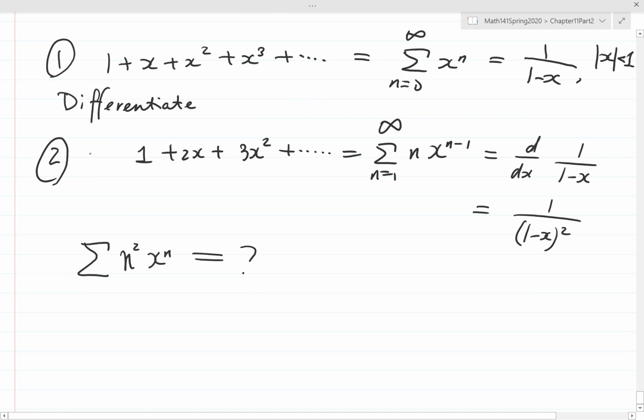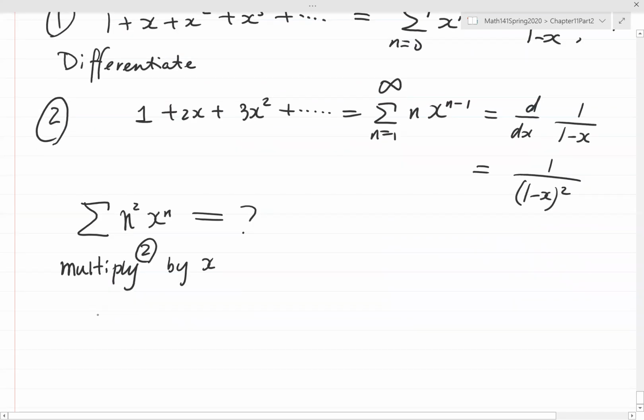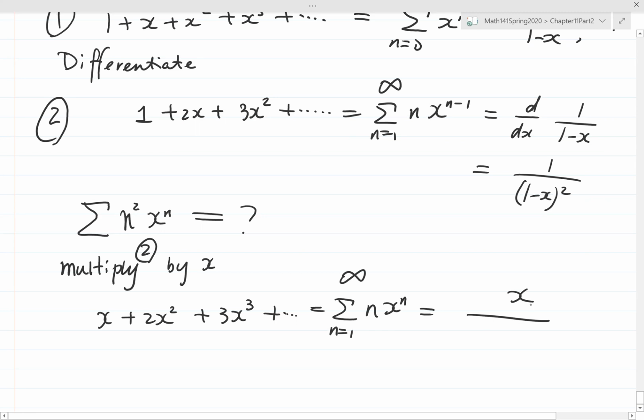Multiply both sides of equation 2 by x. Then we get x plus 2x squared plus 3x cubed plus etc. So this is the sum of n times x to the power n from 1 to infinity. This equals x over (1 minus x) squared.